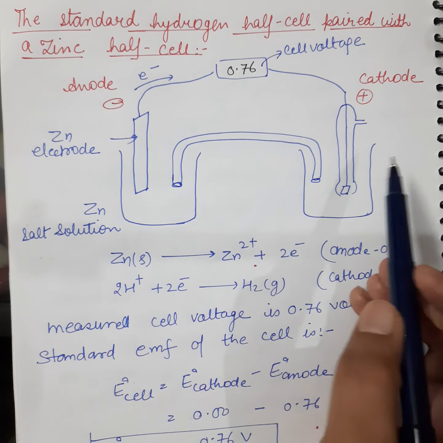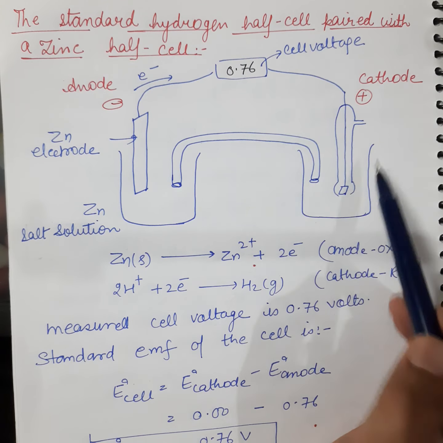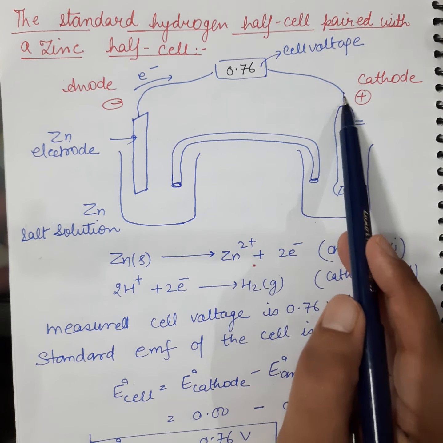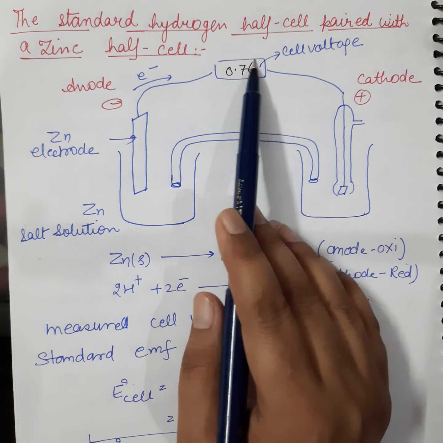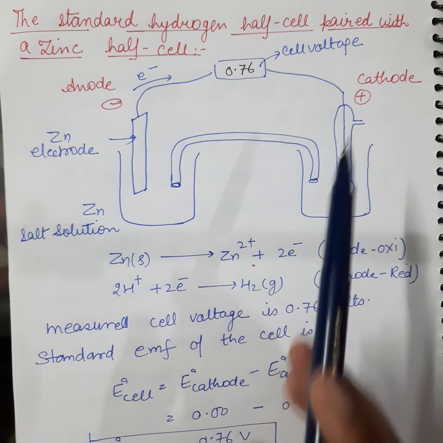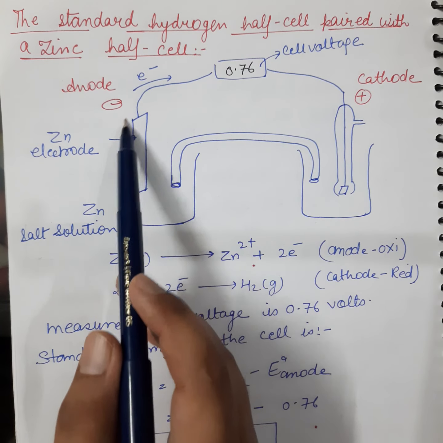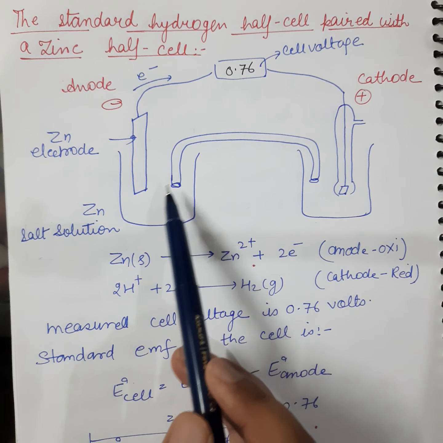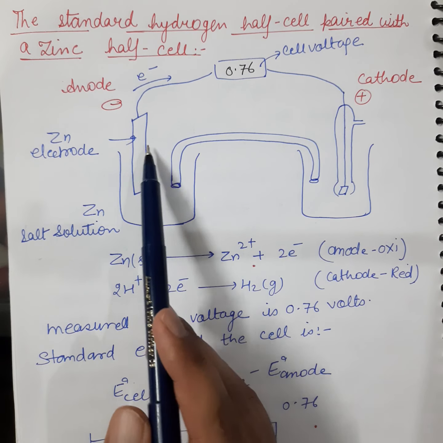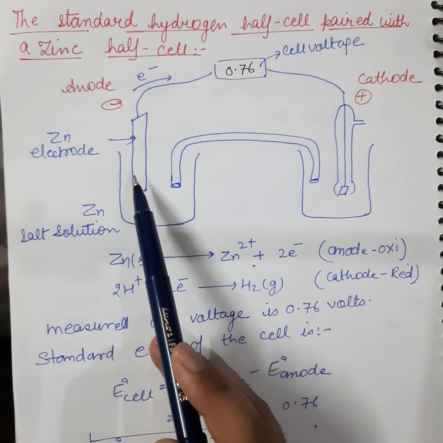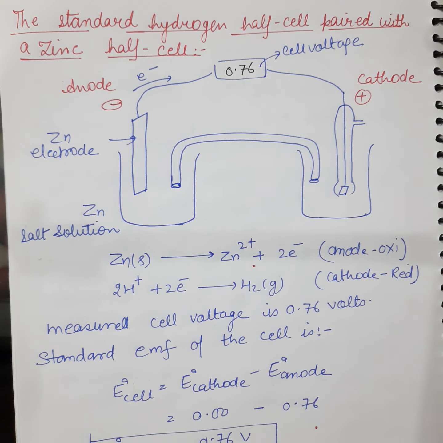This is the standard hydrogen electrode, and this platinum wire is connected with a voltmeter and, by the electric circuit, to another solution, zinc sulfate solution, with a zinc rod here. By this we can determine that when we switch on the circuit, the electrons flow from the zinc to the hydrogen electrode.